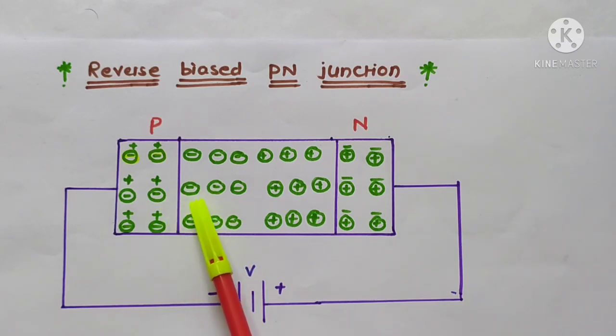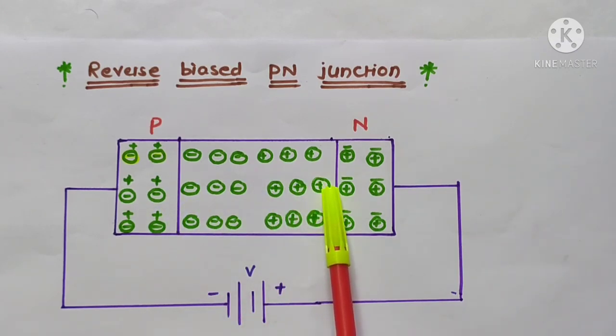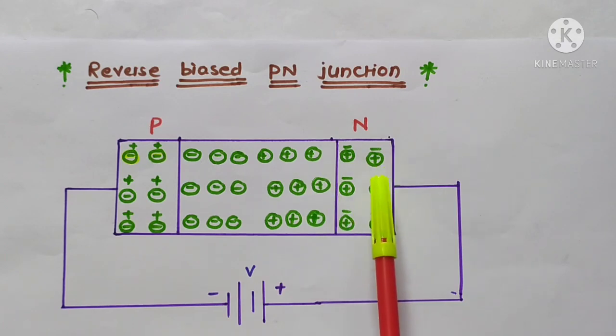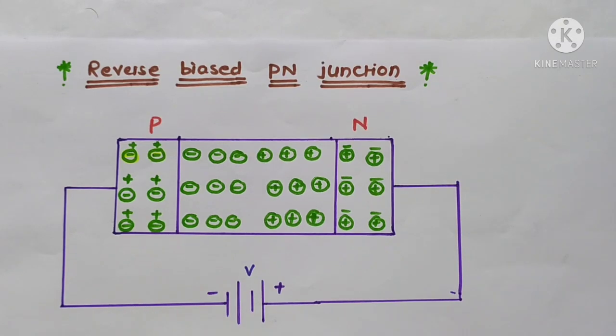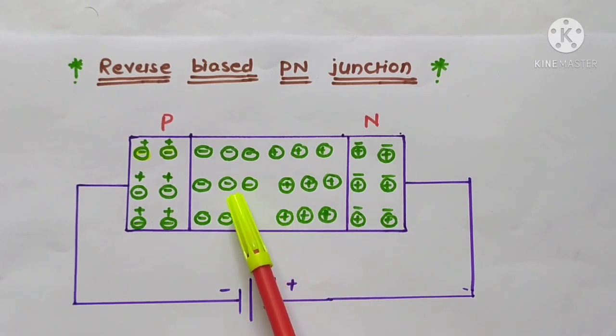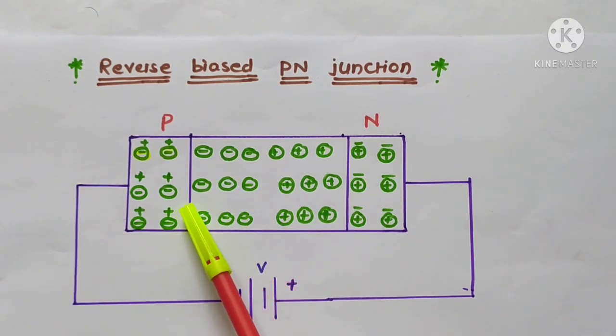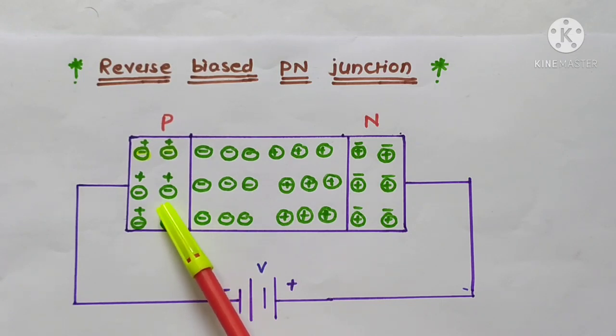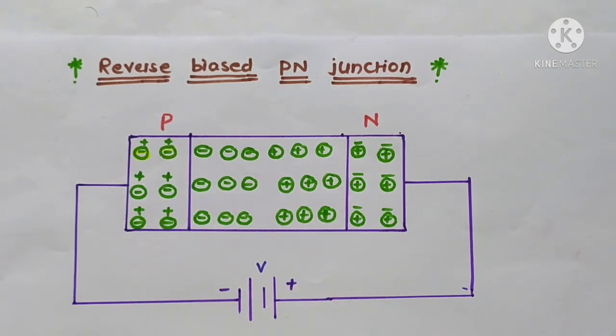So in this reverse bias condition, the holes which are minority carriers in the N-type region will cross the barrier and reach the P-side region, and once they reach the P-side region, they will get attracted towards the negative terminal of the battery.